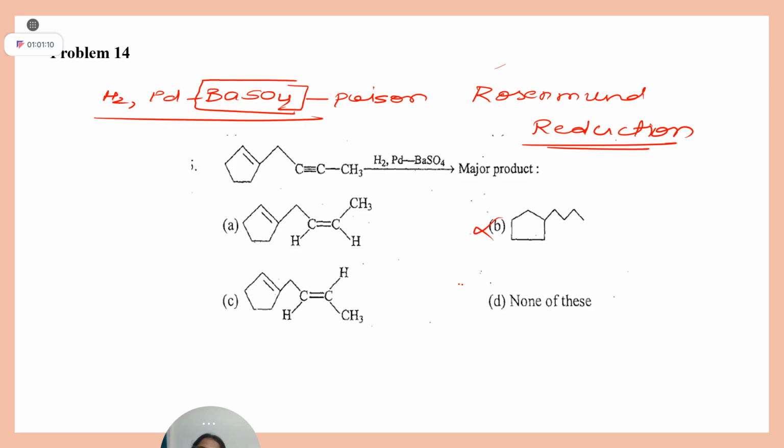B is wrong, D is wrong. Generally, H2 based reagents, students, give you cis alkenes, and for trans you have to go to Birch reduction. So this is your trans as hydrogen and trans here. So correct answer is option number C.